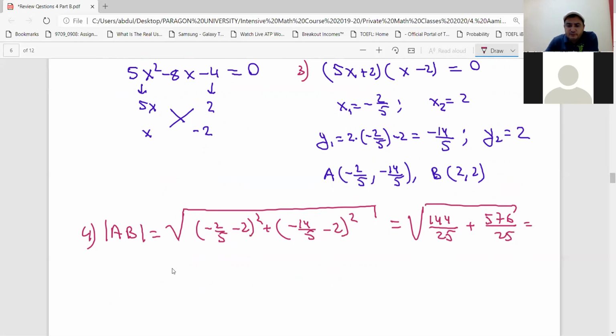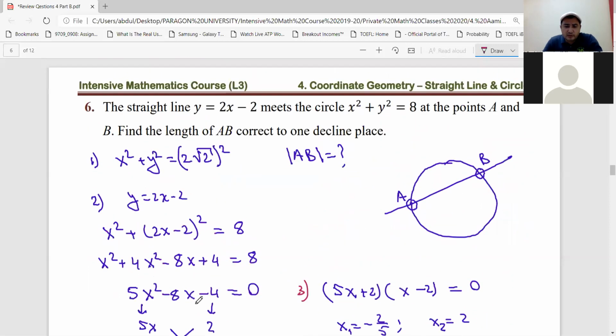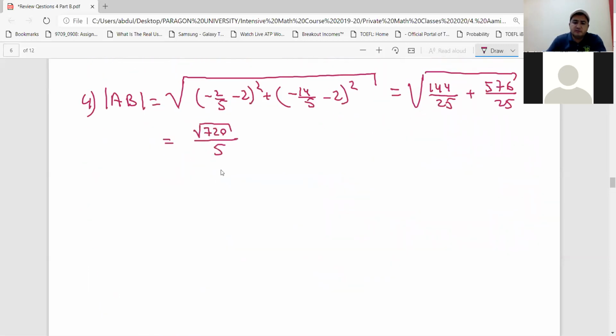Which is equal to the square root of 720 over 5. And using the calculator, we can just leave it as desired. One decimal place, right? So that is equal to 5.4, correct to one decimal place.